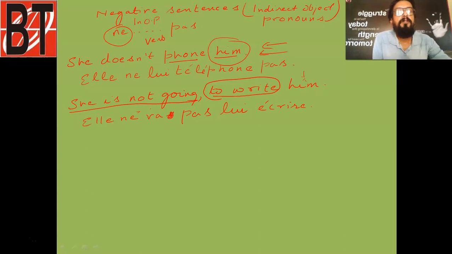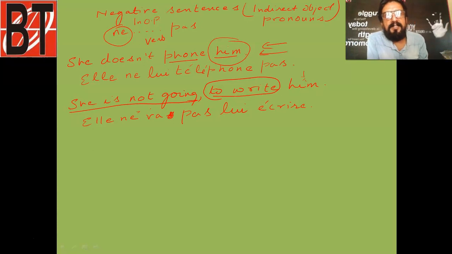Understand? There is no difference in the way we use the direct object pronoun and the indirect object pronoun while writing negative sentences. If you want more negative sentences to write, you can frame more.